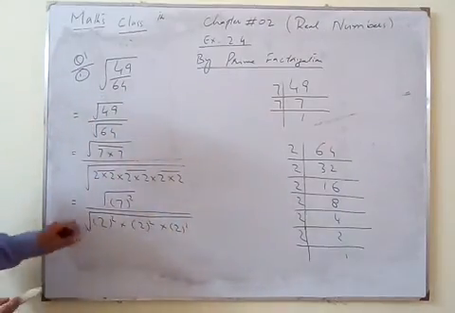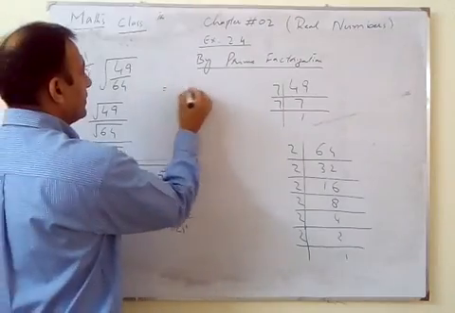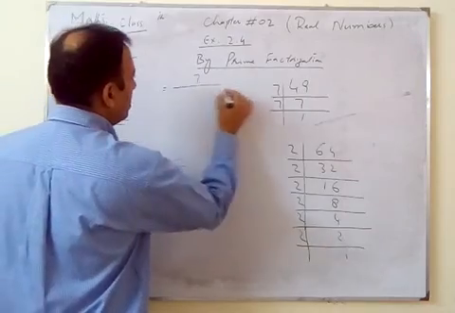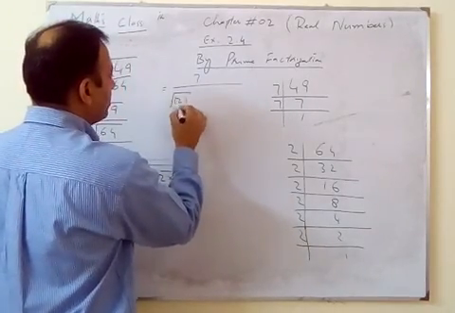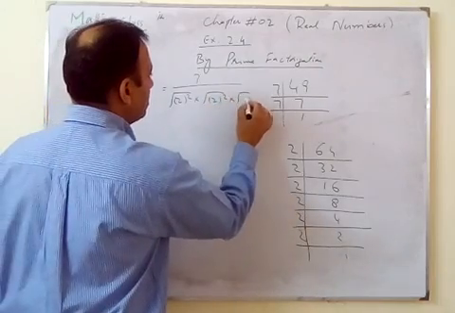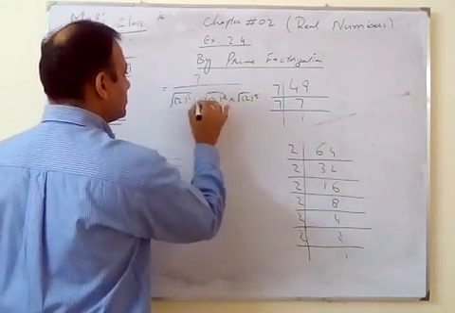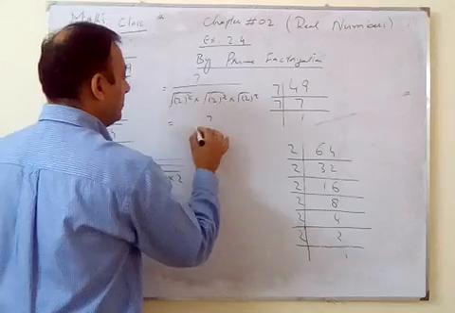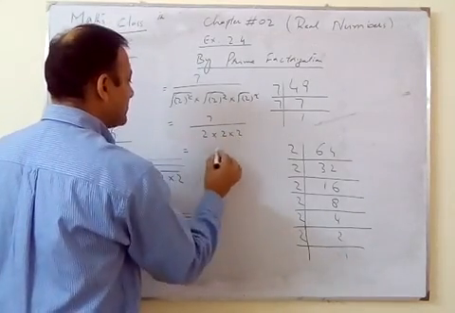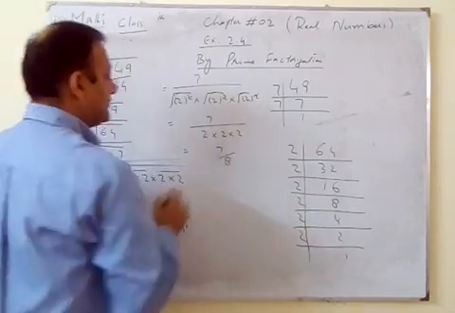Now separate this one square root here. Square root of 2 square, square root of 2 square and square root of 2 square. Cancel these values. So 7 divided by 2 multiplied by 2 multiplied by 2, that is 7 by 8.